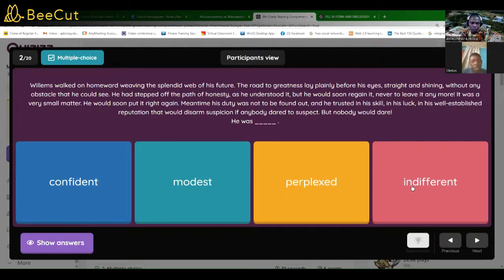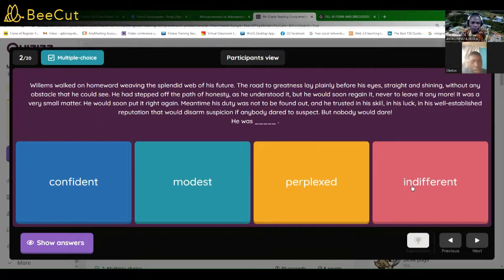He would soon put it right again. Meantime, his duty was not to be found out, and he trusted in his skills, in his luck, and in his well-established reputation that would disarm suspicion if anybody dared to suspect. But nobody would dare. He was dash.